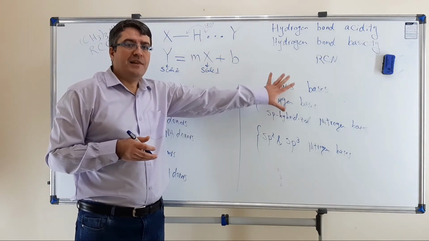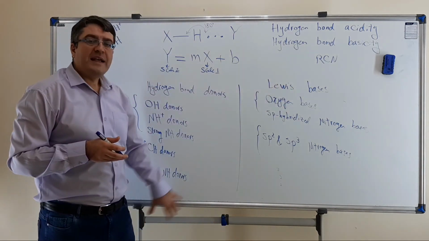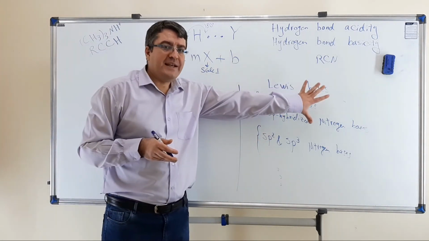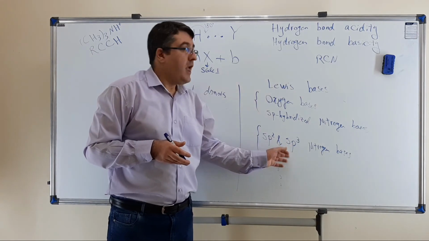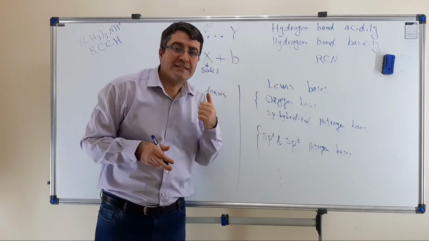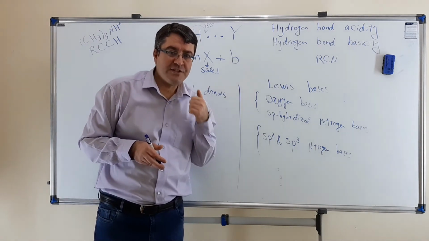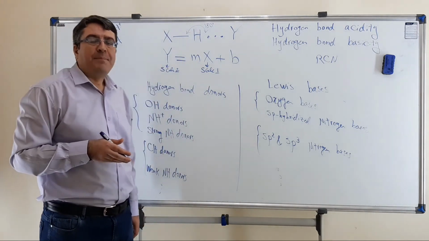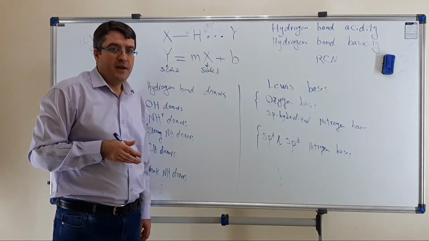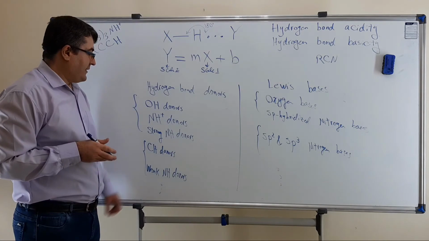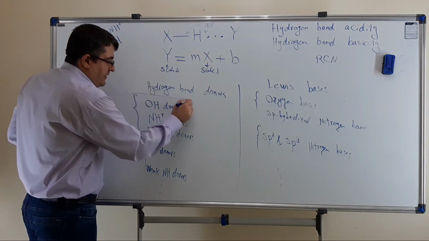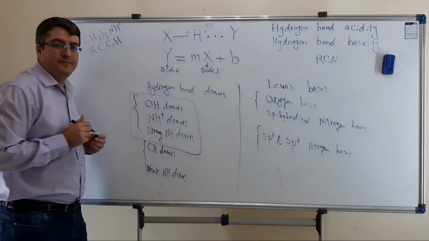Based on values in tables, Laurence and Gal in their book discussed that for all bases like this, the 4-fluorophenol hydrogen bond basicity scale and its results are applicable to other scales that use these hydrogen bond donors.